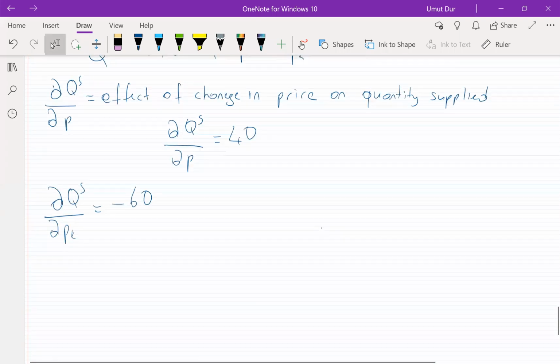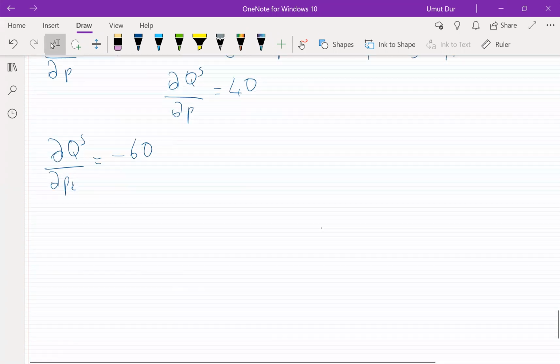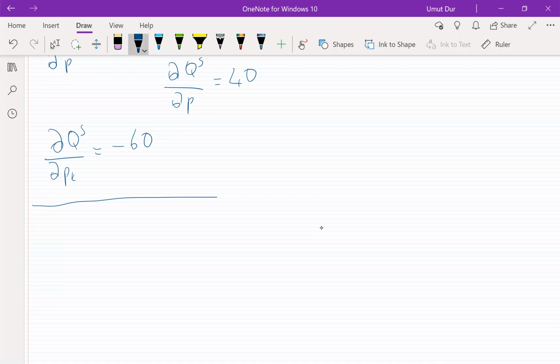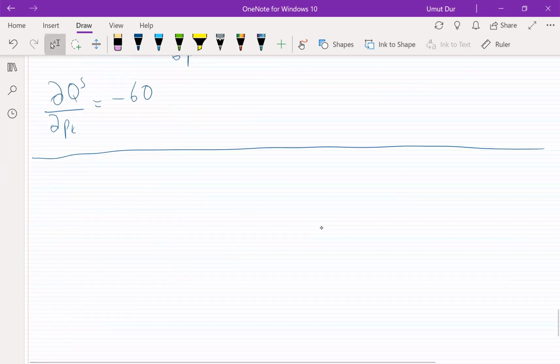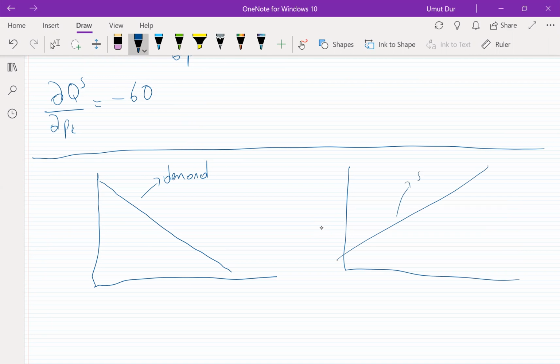Okay. So before stopping, let me briefly go over what we will do next. Right now what we have done is we have studied the quantity demanded in a separate graph, and we have studied the quantity supplied in a separate graph.